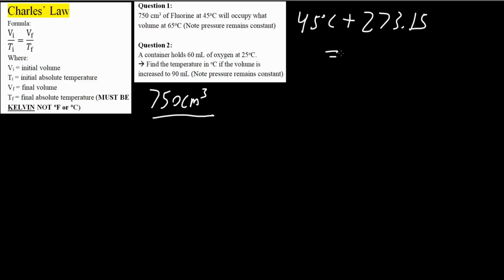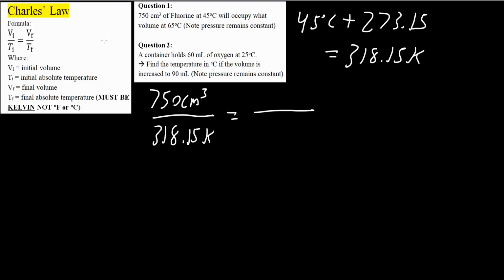So this right here will be in Kelvin. And if you use a calculator, you will get 318.15. And this will be in Kelvin. So K. So this goes right here, 318.15 in K, Kelvin, is equal to.